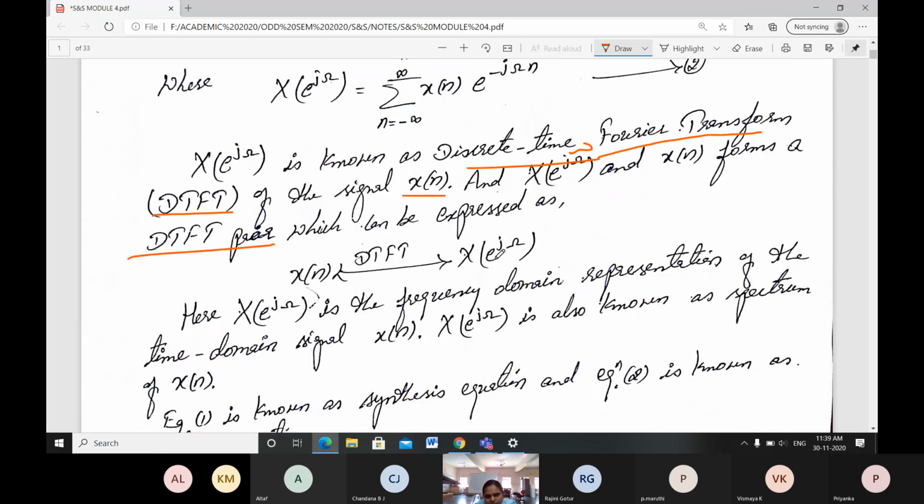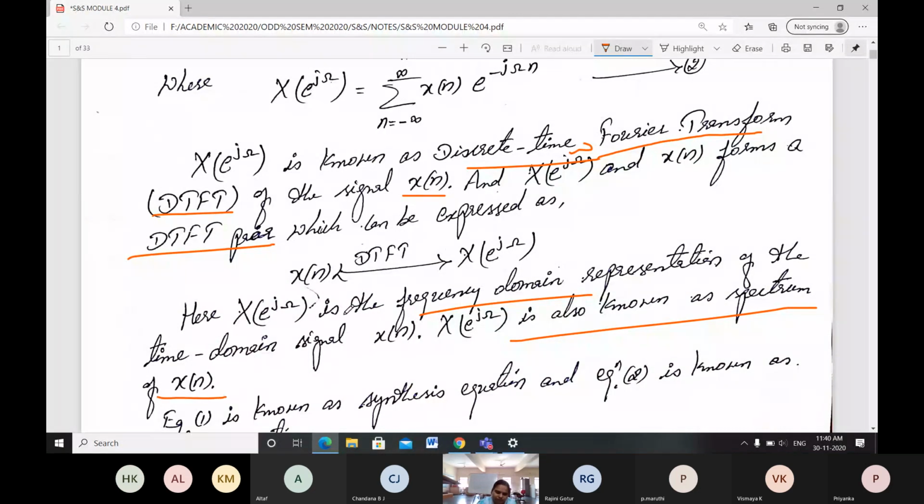Or if I go in reverse fashion, if I apply the inverse DTFT to X of e raised to j omega, I will get x of n. Here X of e raised to j omega is the frequency domain representation of the time domain signal x of n, and it is also known as the spectrum of x of n.